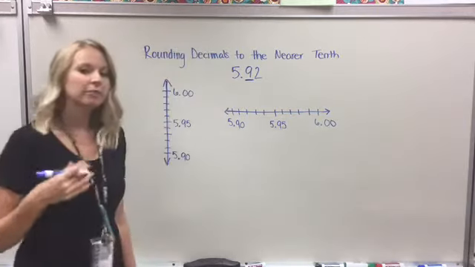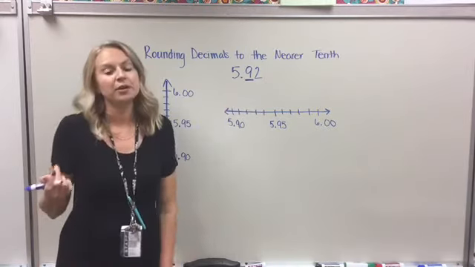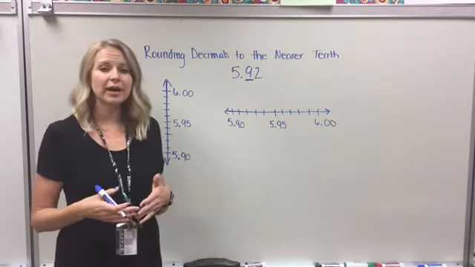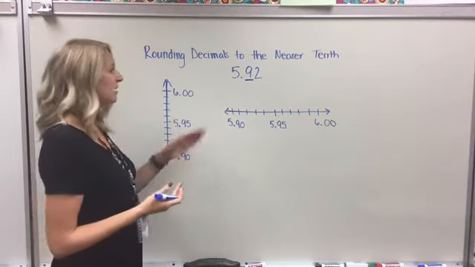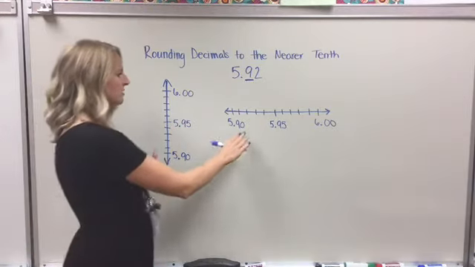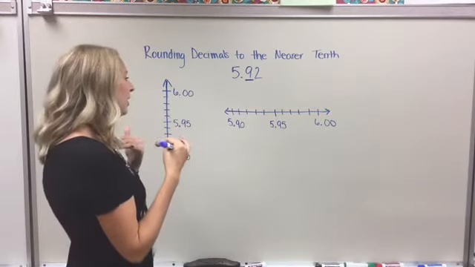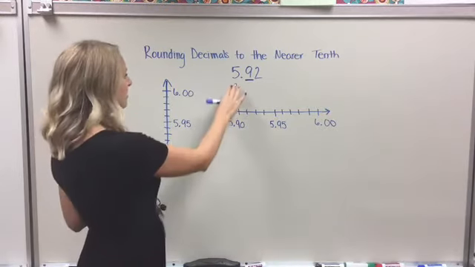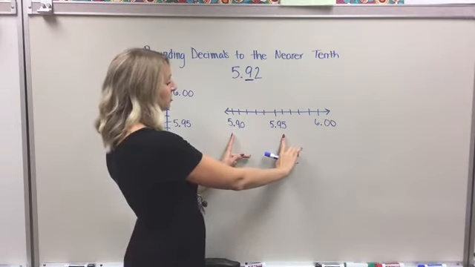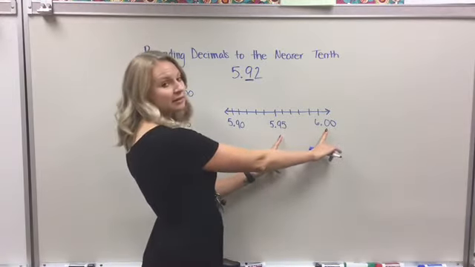Now, again, my goal is to determine which nearer tenth 5 92/100 rounds to. So now that I have my number line set up, I'm going to go ahead and identify the location of 5 92/100 on each of my number lines. Now because I have identified a midpoint of 5 and 95 hundredths, I can consider whether my number is going to fall in between 5 and 90 hundredths and 5 and 95 hundredths, or if it would fall between 5 and 95 hundredths and 6.